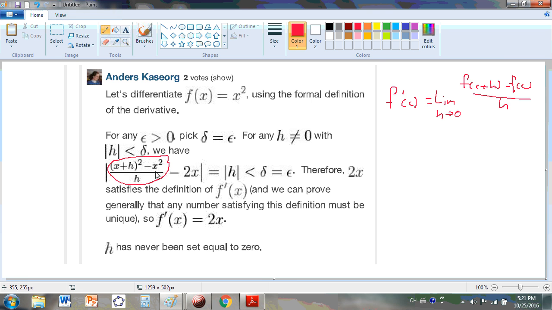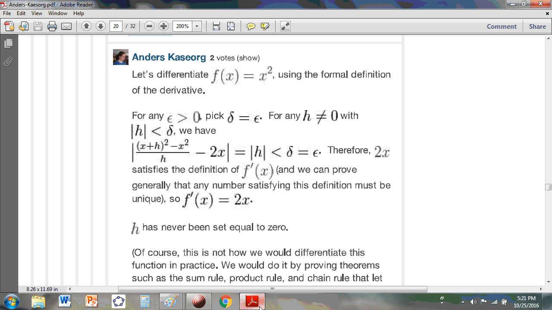You're taking finite differences, and guess what? You're comparing them with L. But what is 2x? 2x is in fact the derivative. So where did he come up with 2x? And so I confronted him about that. Let me show you how I confronted him about that.